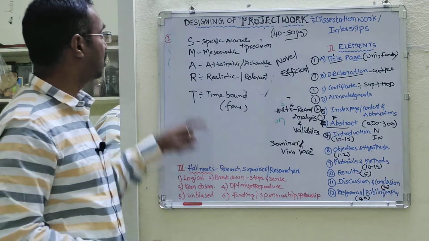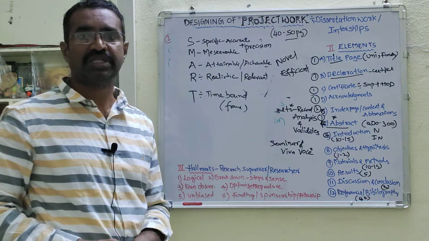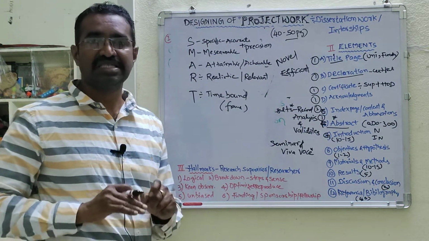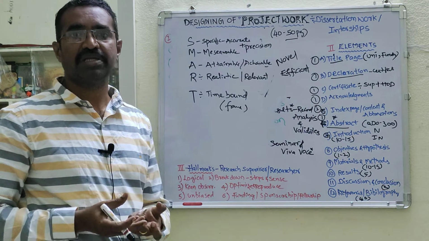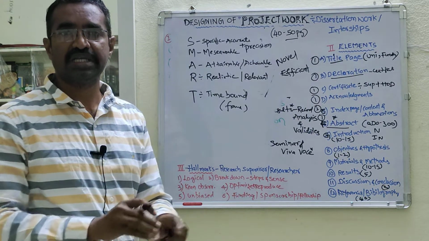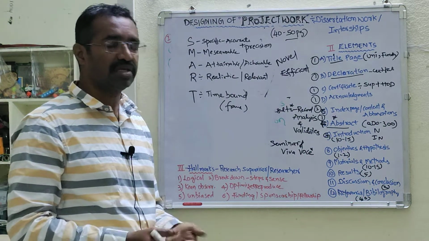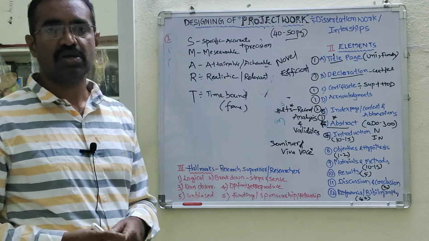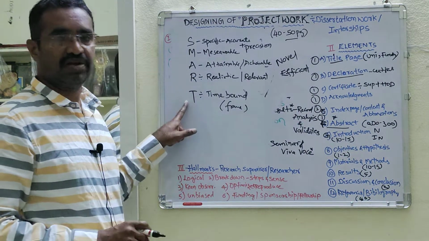If you are smart enough, you can complete your project work very systematically, designing the experiments, approaching the results, discussing and concluding the results. All these things are going to happen if you are smart enough.